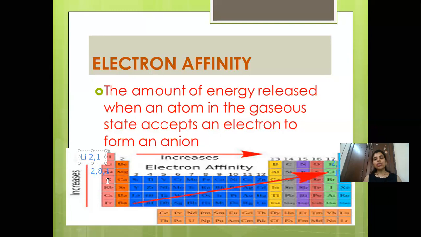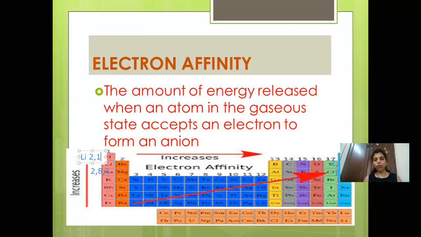Okay. So now if you're comparing potassium in the similar manner, 2, 8, 8, 1, you can see that in case of potassium, a new orbit is going to be added. So new orbit means, again, as I told you, more the atomic size, more is the electron affinity.